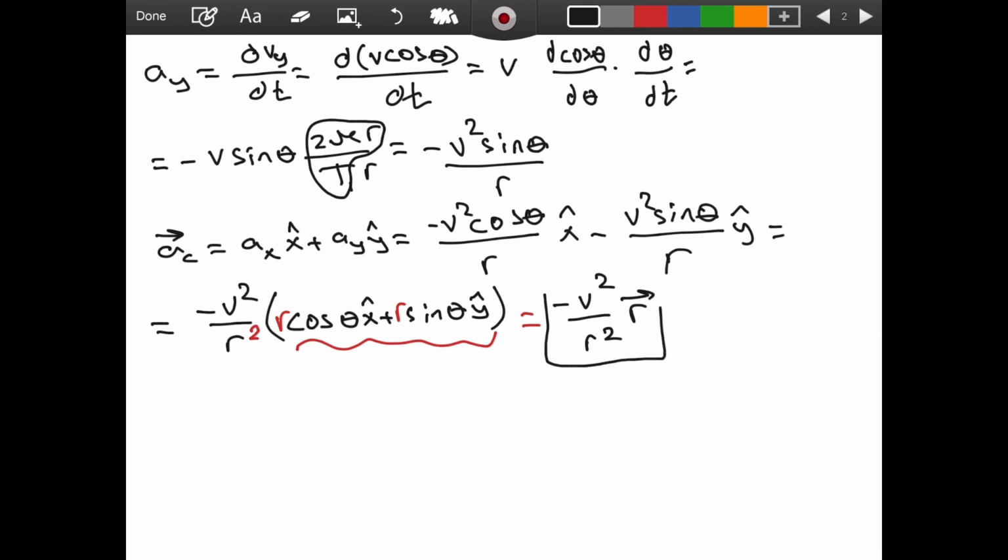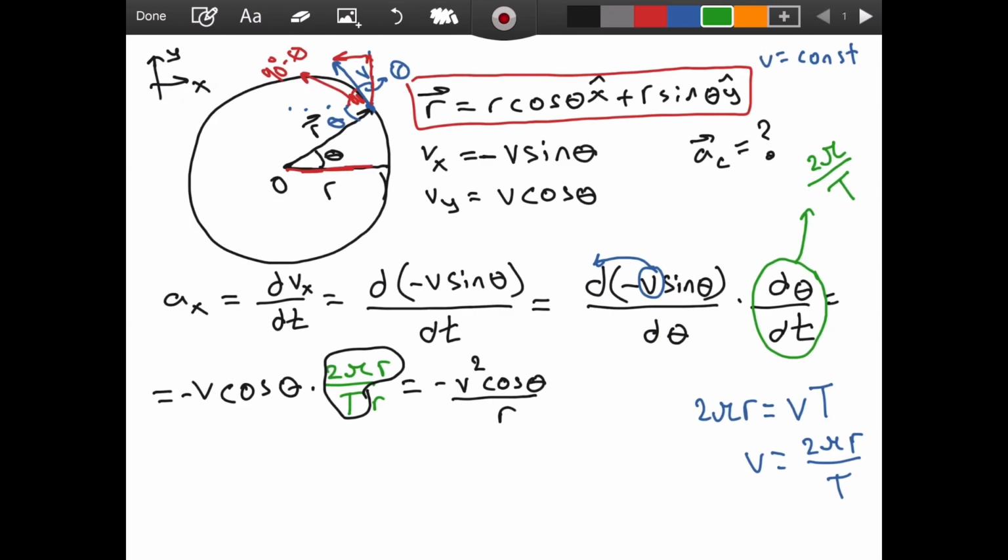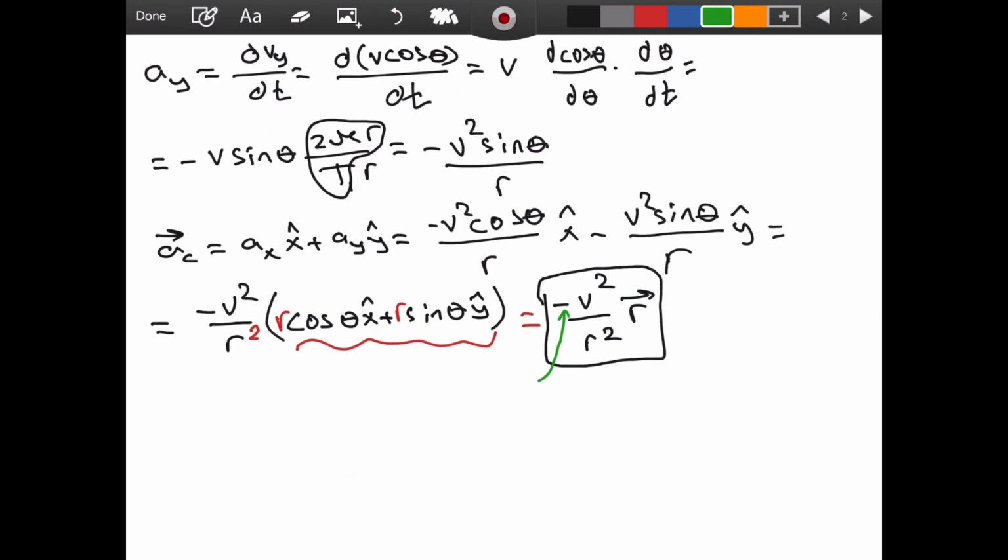This is the formula for centripetal acceleration. The negative sign here indicates that the centripetal acceleration is always towards the center because it is opposite in direction with our position vector, which is from the center to the position of the particle, basically.